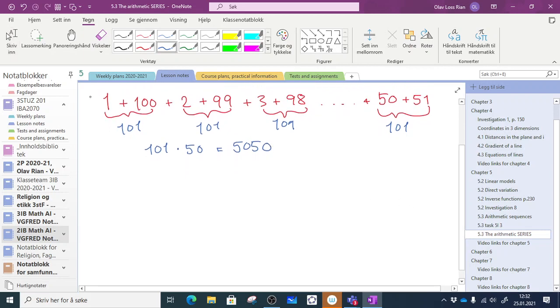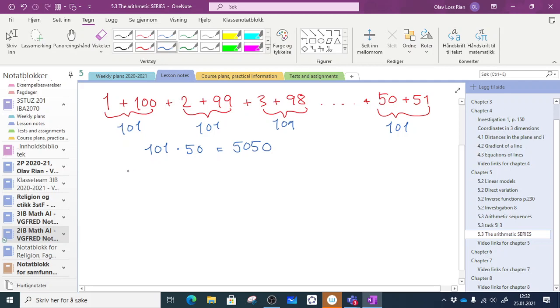I mean, that wasn't difficult to understand, is it? No. So this is a very good introduction to this. It's a very intuitive way of remembering the formula that we're going to introduce now.